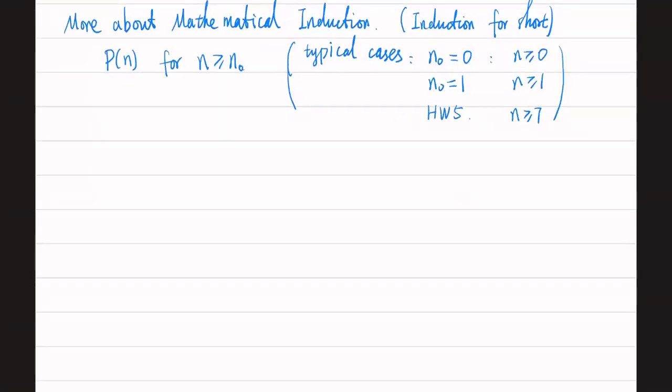Because propositions like this have infinitely many cases, we cannot verify them one by one. So what we do is this induction. We prove the one step, the next step, we prove this implication, then the base case implies all future cases.